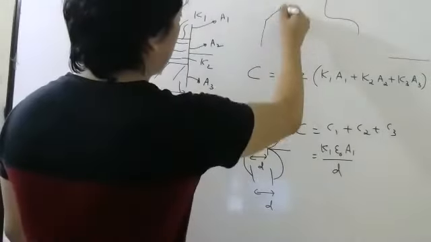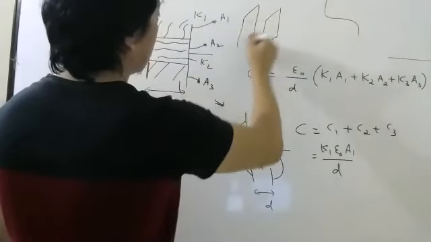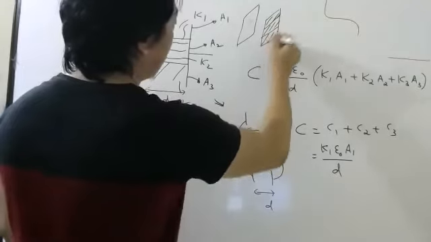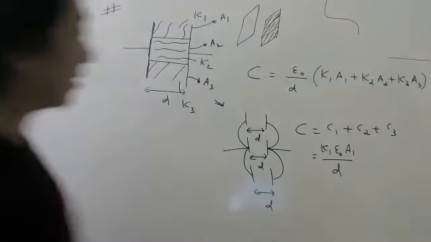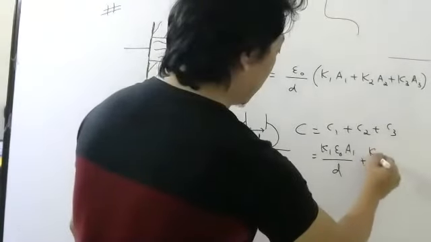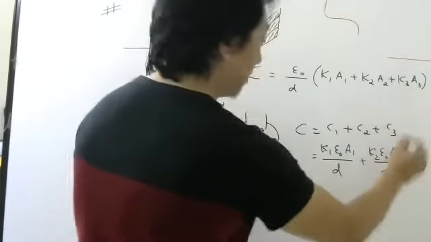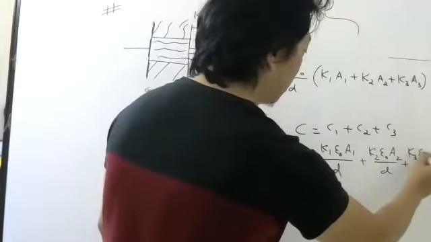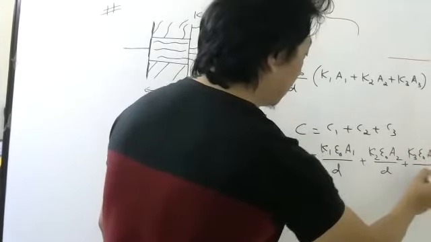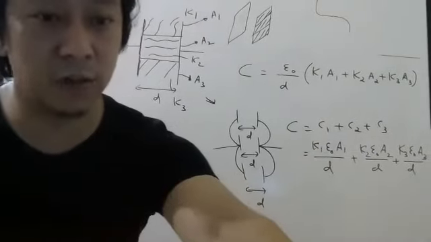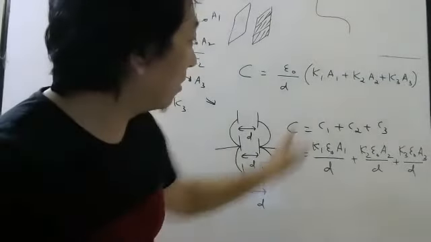One will have this much area, second will have this much area, third will have this much area. Okay, students. C2 will be K2 epsilon naught A2 by D, and C3 will be K3 epsilon naught A3 by D. Then you can take epsilon naught by D common, and the answer will come.